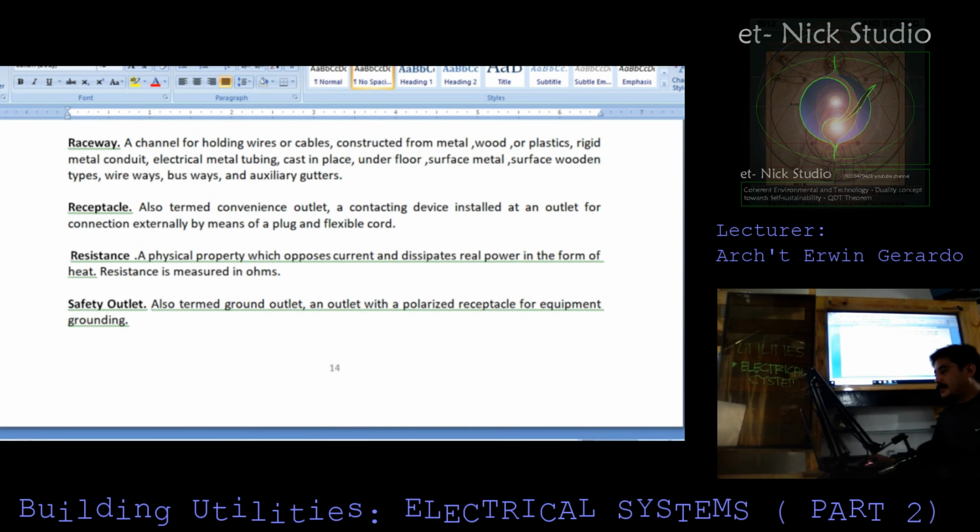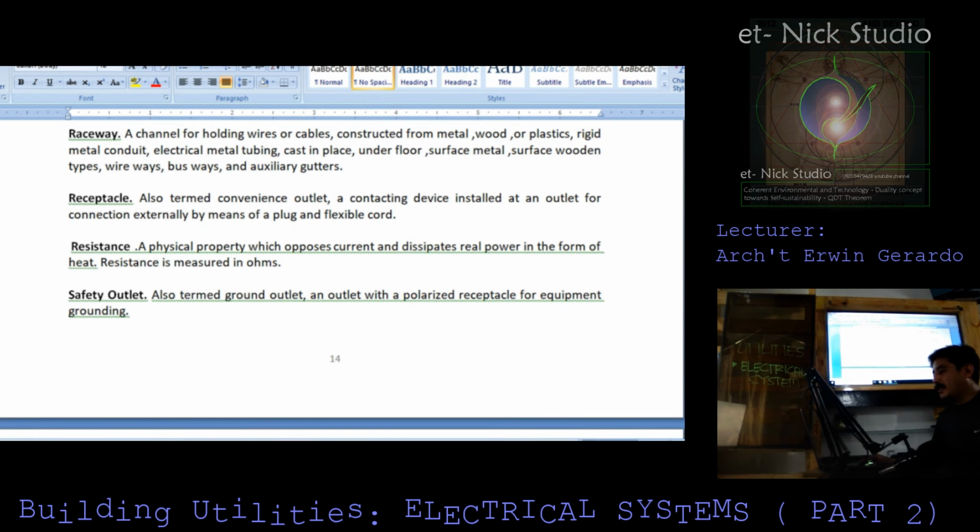Raceway, a channel for holding wires or cables, constructed from metal, wood, or plastics. Types include rigid metal conduit, electrical metal tubing, cast in place under floor, surface metal, surface wooden types, wireways, busways, and auxiliary gutters.